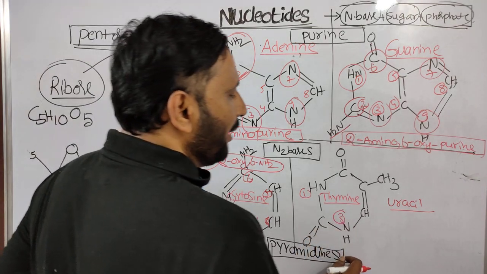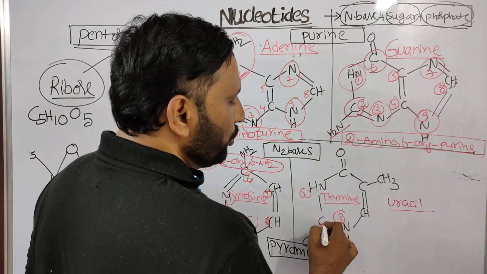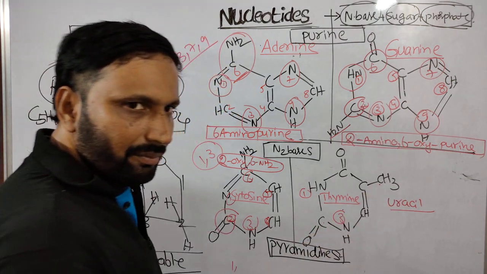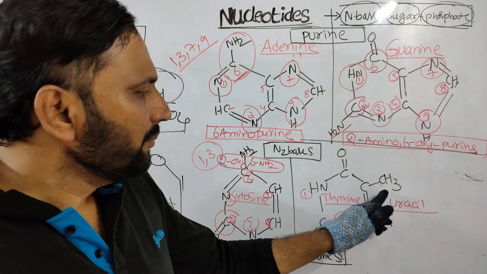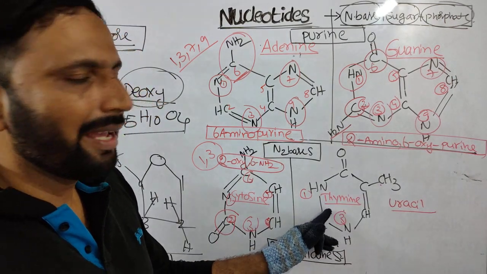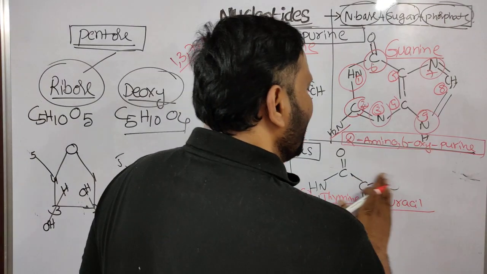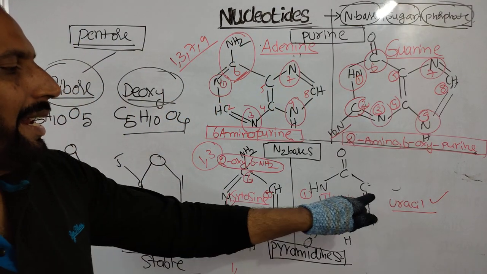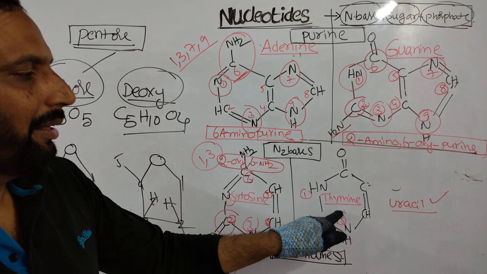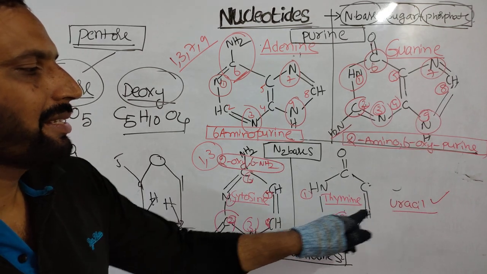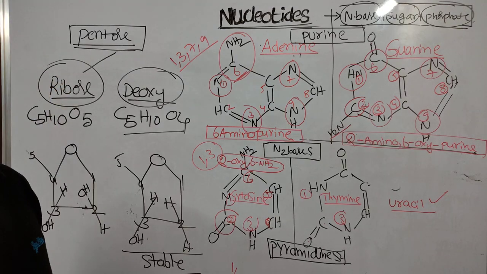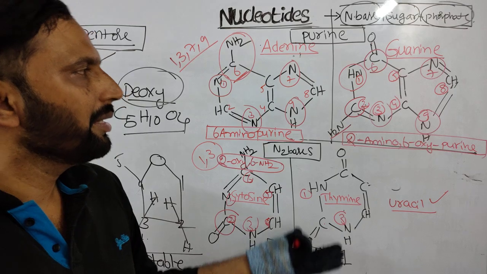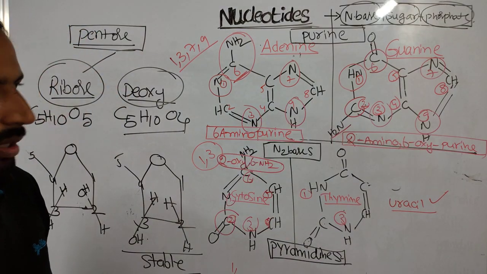Whereas thymine is 2-oxy, 4-oxy, but methylated. 2-oxy methylated pyrimidine is thymine. If there is no methyl, then that is called uracil. Non-methylated pyrimidine is uracil. That is the difference. So among adenine, guanine, cytosine, thymine and uracil, these three are pyrimidines and these two are purines.